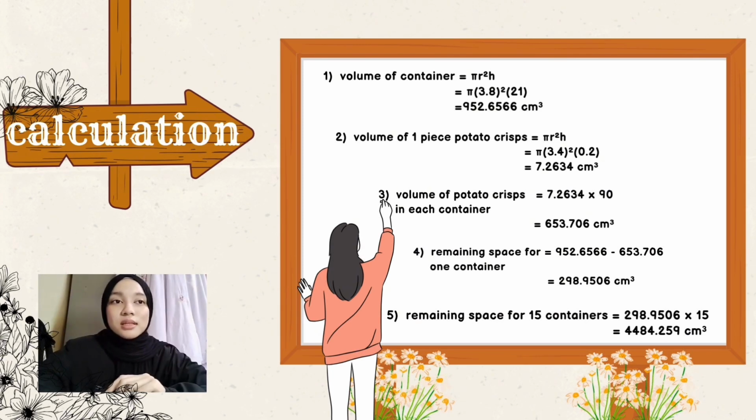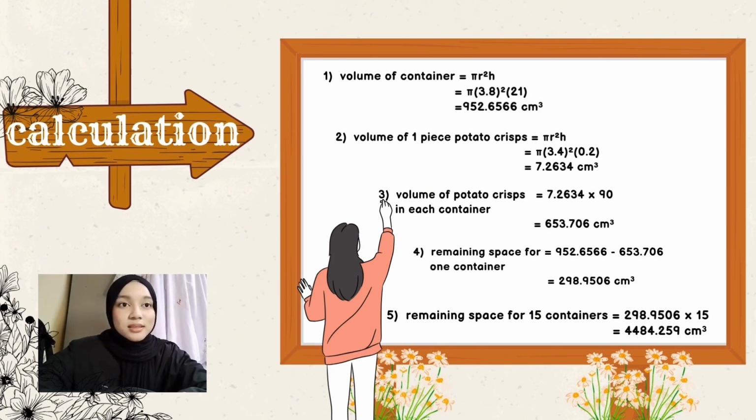Also use the cylinder formula. The radius of the potato crisps is 3.4 cm and the thickness is 0.2 cm. So we will get 7.2634 cm³.